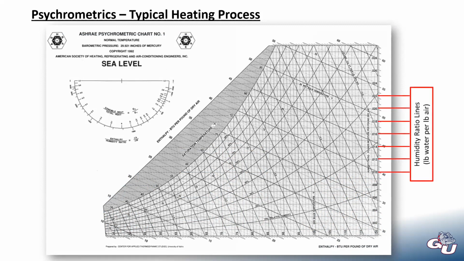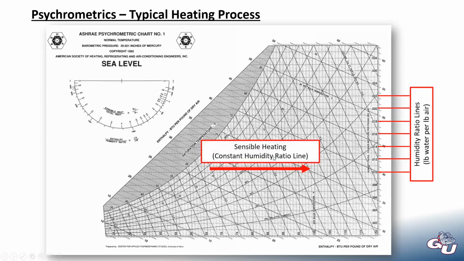So on this chart, these horizontal lines are the humidity ratio lines, which is pounds of water per pound of air. Depending on the chart you're looking at, it could be in grains instead of pounds, but these run horizontal on this chart. So a sensible heating process, if we start over here and we move straight horizontal, there's no change in the humidity ratio because we're running parallel with those lines.